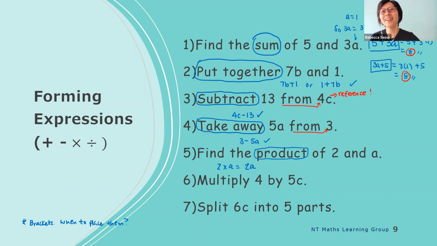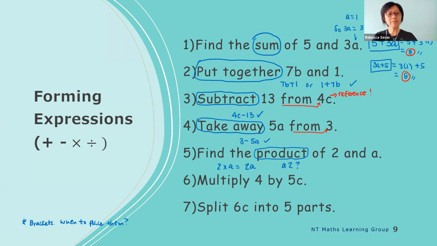Can we write it the other way around, as a2? No, you can't, because the number always comes in front before the letter. You're right. This is because of convention.